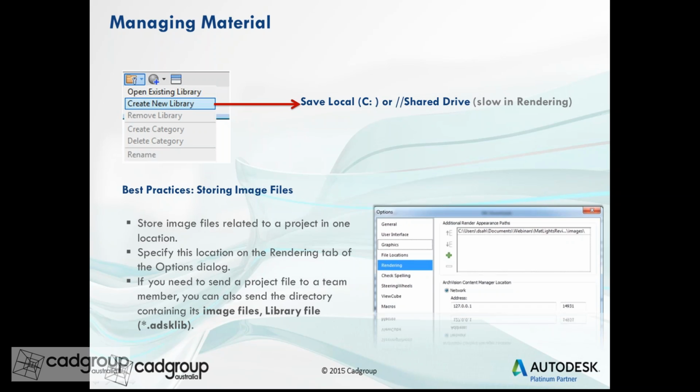Moving to the next slide, we'll talk about how to manage materials. As I'm on support, I get a lot of calls from time to time from customers with very simple questions, like how to transfer the project.